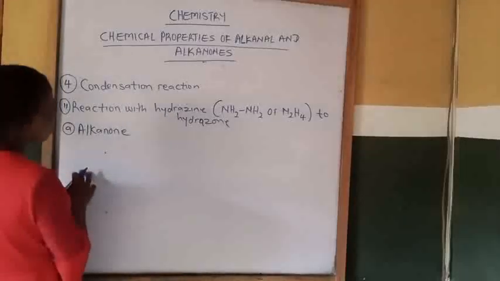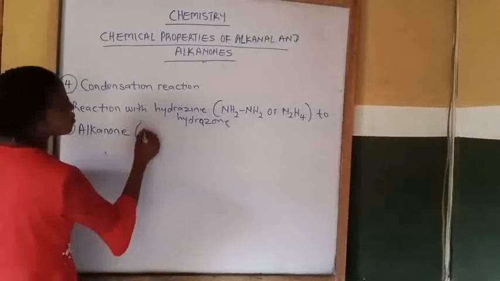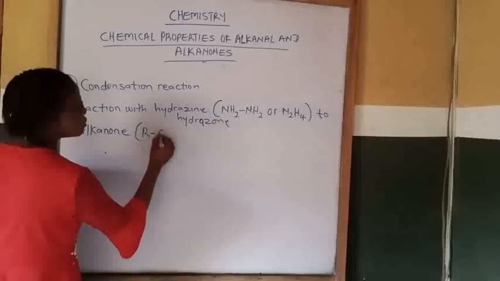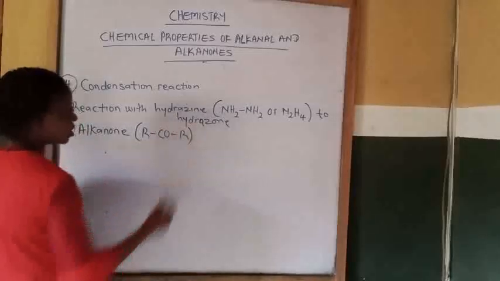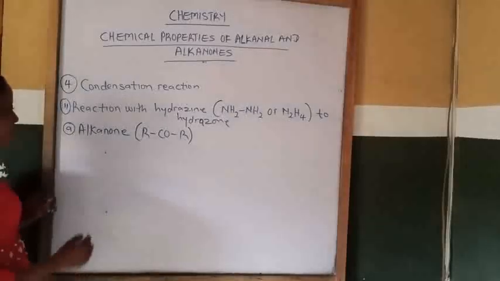Reaction with alkanone. Then the general formula for alkanone is RCOR.